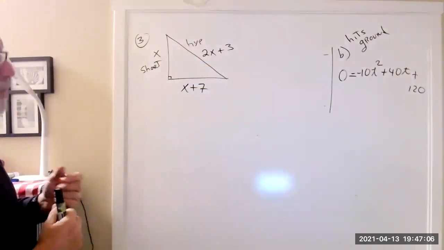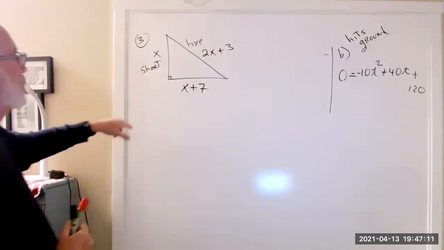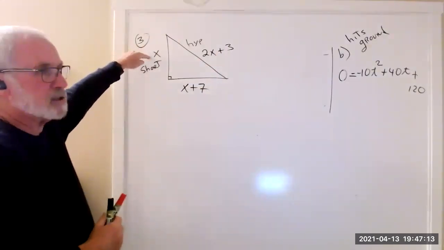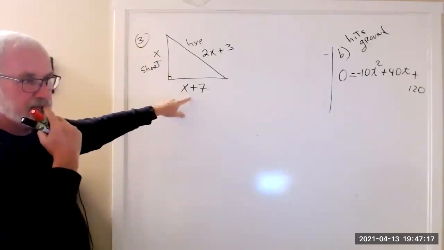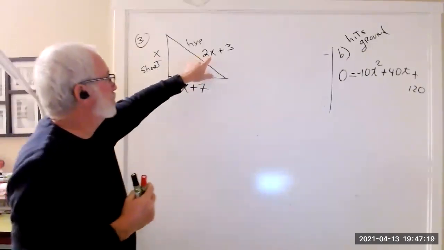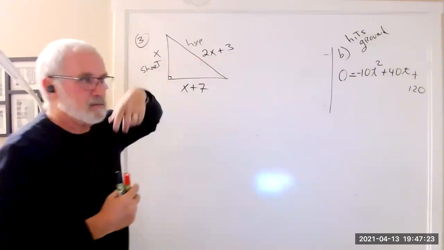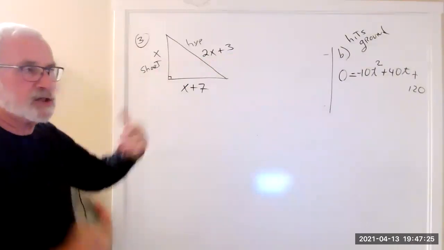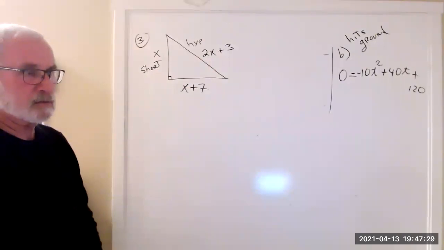Okay. So reading the problem for number 3, that's my initial setup. One of the legs is x, one of the legs is x plus 7, and the hypotenuse is 2x plus 3. Does that English make sense to everyone? Yes.